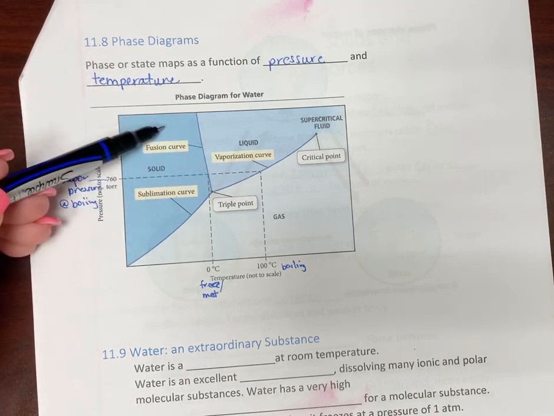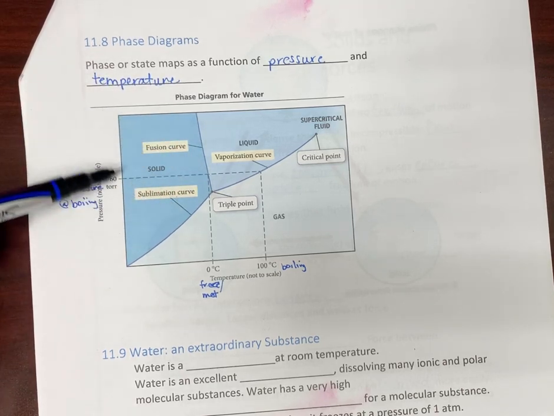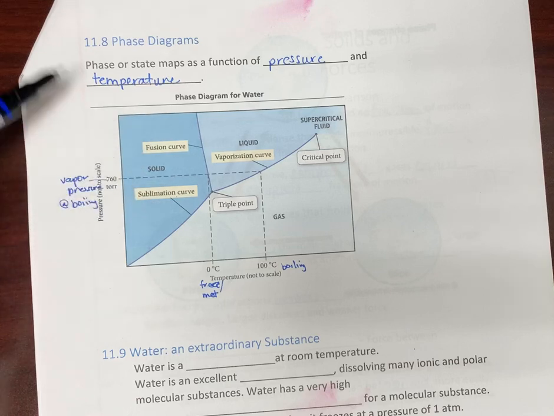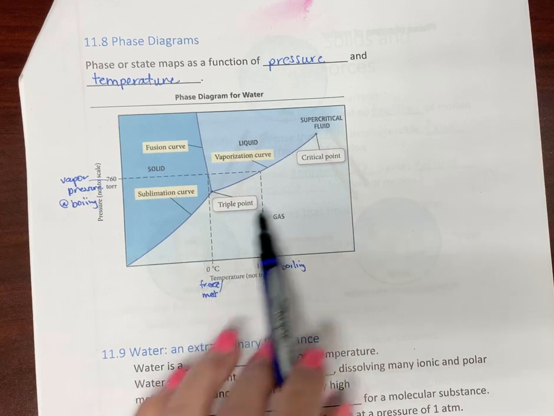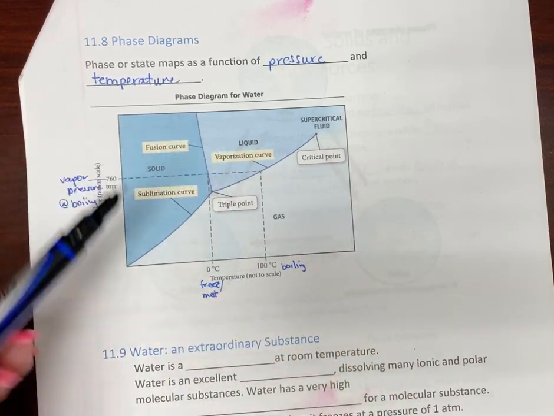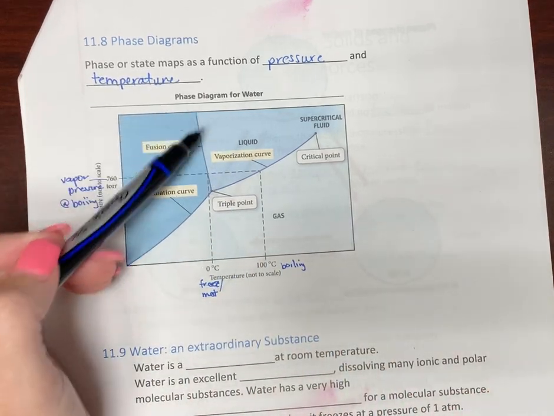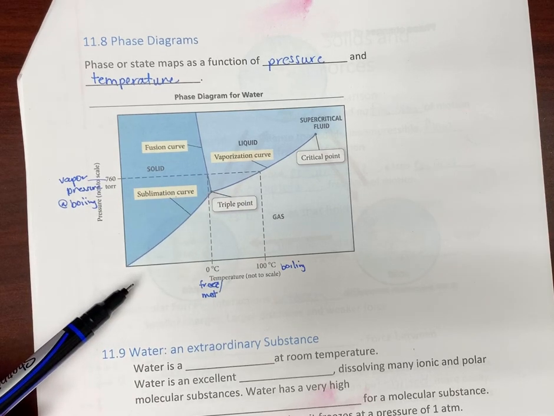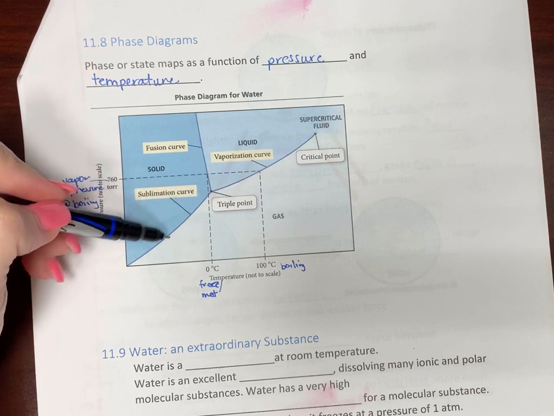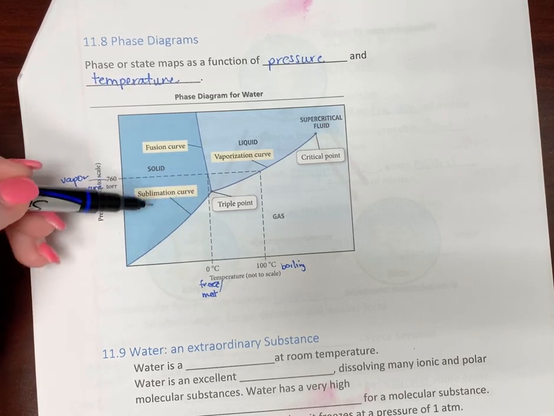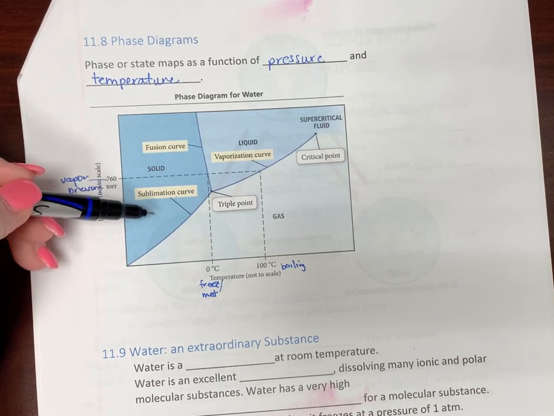So the solid is generally going to be somewhere to the far left. The gas is going to be somewhere where you start on the far right, and the liquid is somewhere in the middle. Again, depending on the substance, these curves are going to look really different. Now, this point here is where you go from solid to gas or gas to solid.